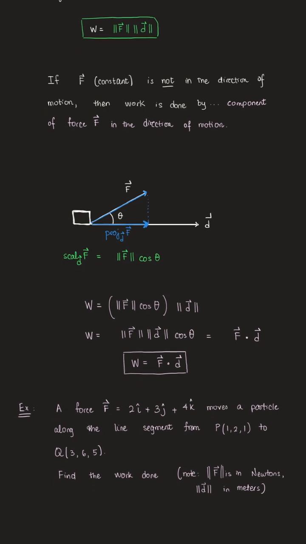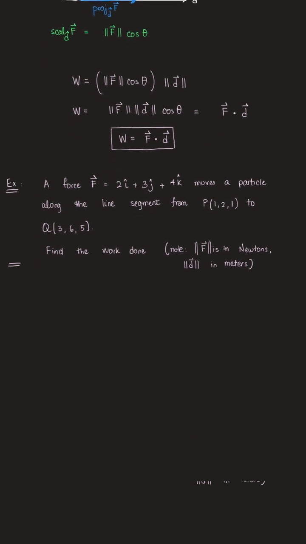So for right now, let's do an example, just applying our formula. Let's suppose that we have a force vector given by 2i plus 3j plus 4k, and it moves a particle along a line segment from P to Q, where P has coordinates 1, 2, 1, and Q has coordinates 3, 6, 5.